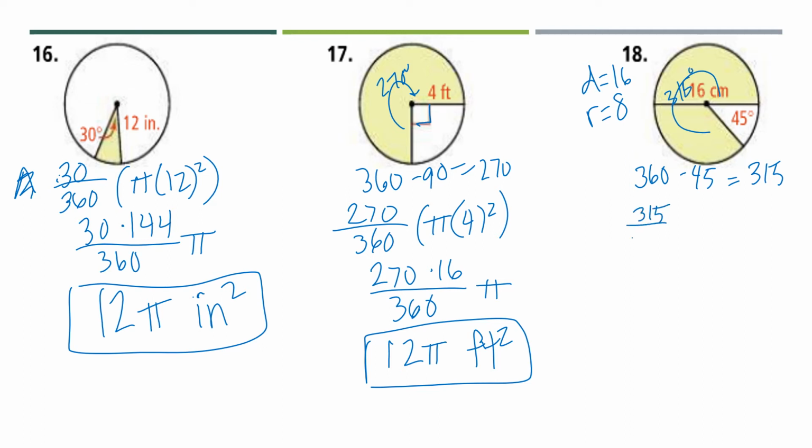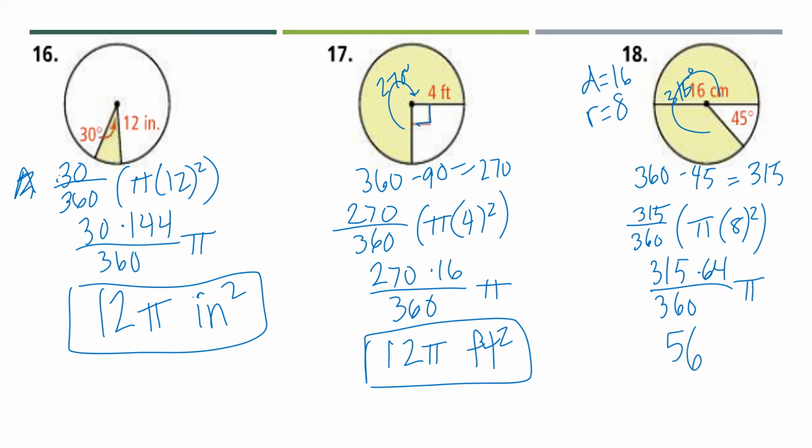So formula, 315 over 360 times pi r squared, which is 8 squared. 8 squared is 64, so I'm going to have 315 times 64 over 360, and you're going to tack on your pi. 315 times 64 over 360 ends up being 56. Bring down your pi, and then make sure to put your units, which would be centimeters squared.